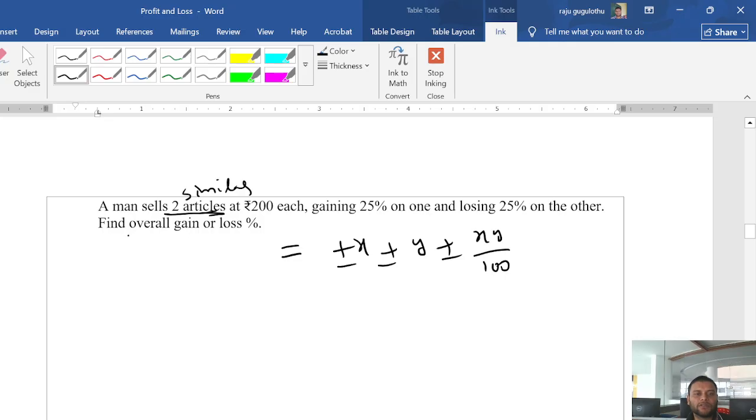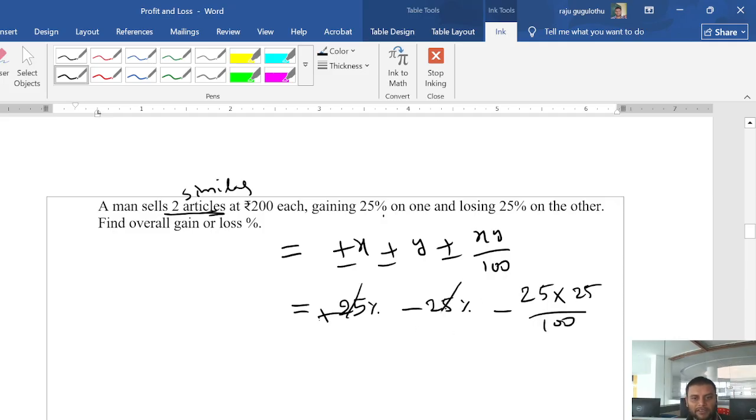So the question says a man sells two articles at 200 each, gaining 25% on one and losing 25% on another. So he gained 25% on one article and lost 25% on another, and it will be a loss only: plus into minus, minus 25 into 25 by 100.